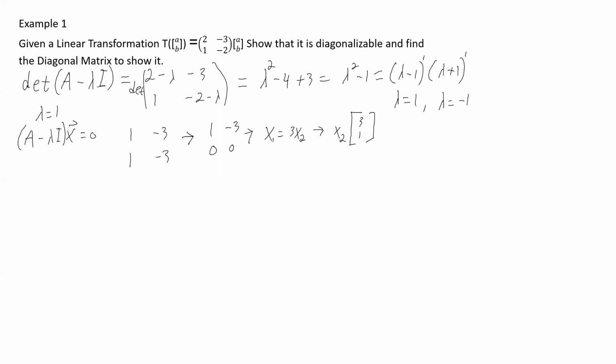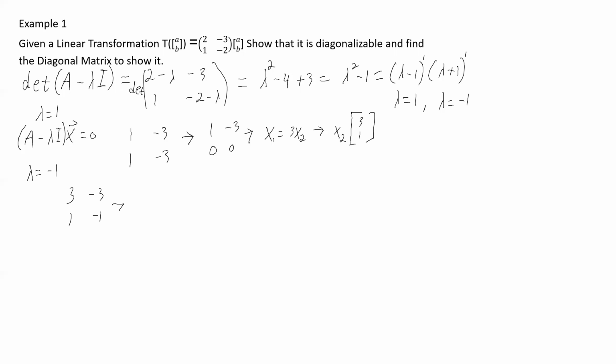Then we do it again for lambda equals -1. Writing out this matrix, same thing: A minus lambda times the identity matrix gives us 2 minus -1 is 3, that stays -3, that stays 1, and -2 minus -1 is -1.